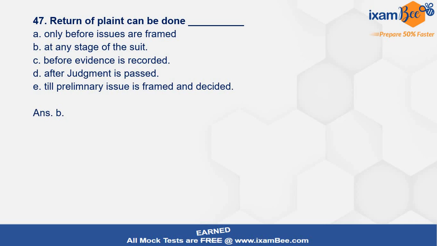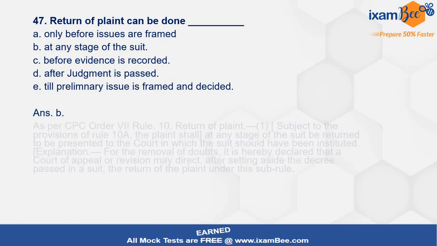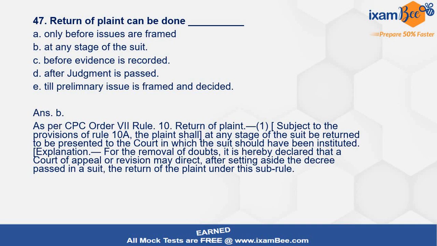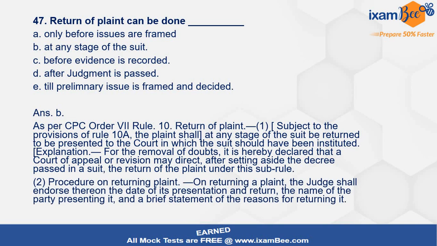But if the court gets to know later, then also the court cannot continue further. At any stage of the suit, if the court gets to know about it, it has to be returned immediately. Rule 10 deals with return of plaint, and this is impliedly covered there.